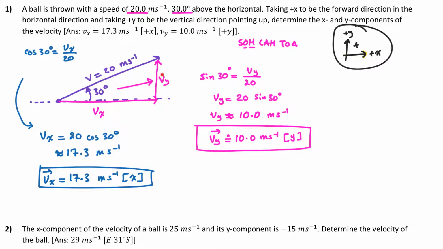We basically just look at the magnitude of our vector and we use the sine of the angle and multiply it by the magnitude to find the opposite component, and for the adjacent we multiply the magnitude of the vector by the cosine of the angle.